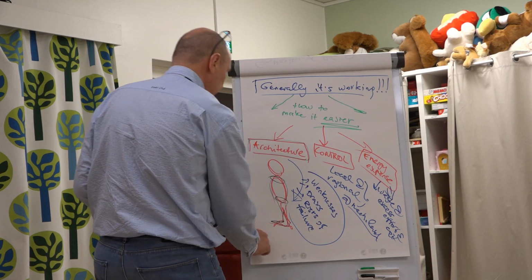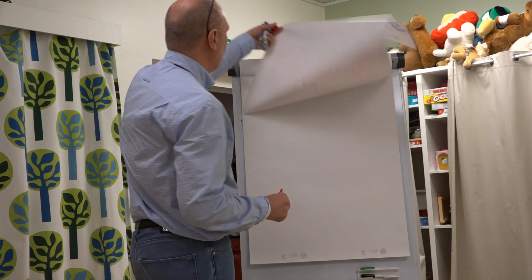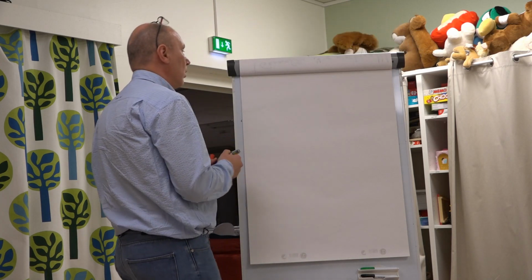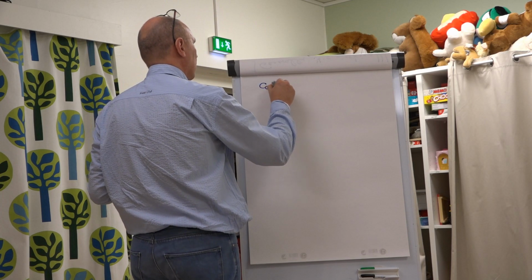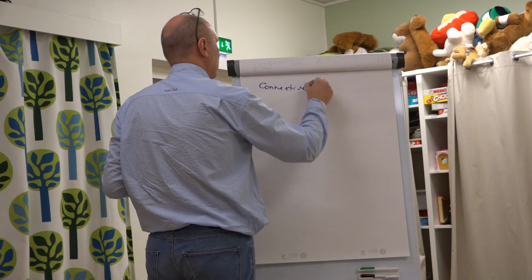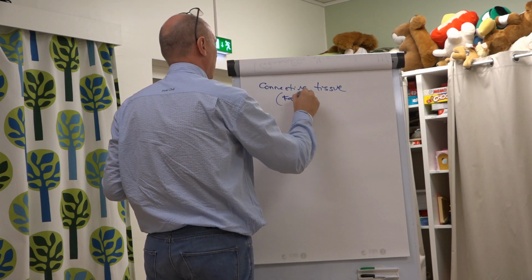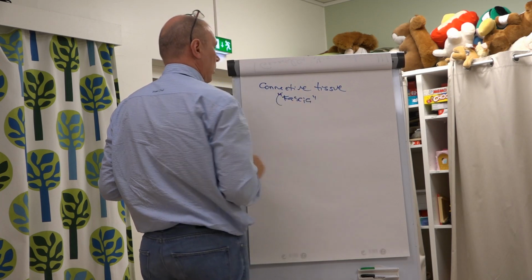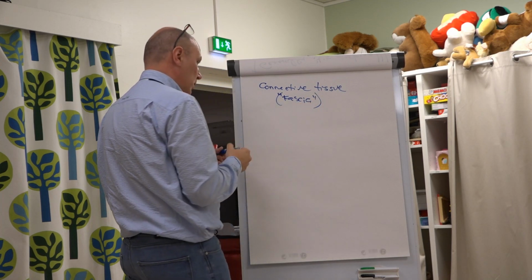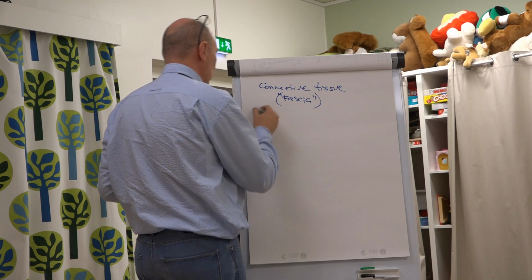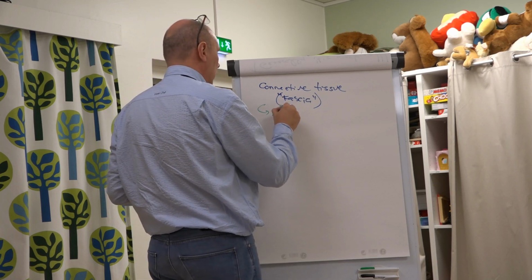different properties of connective tissue, the fascia under the umbrella. Here we see that connective tissue is about the architecture.